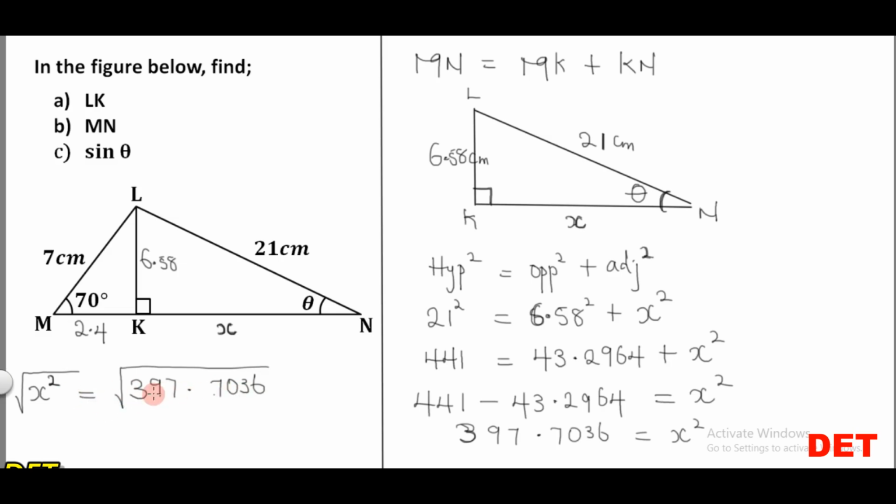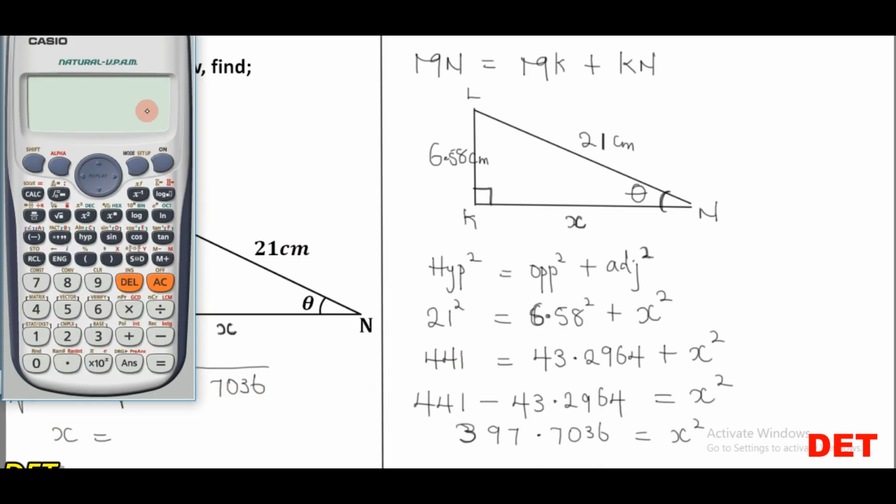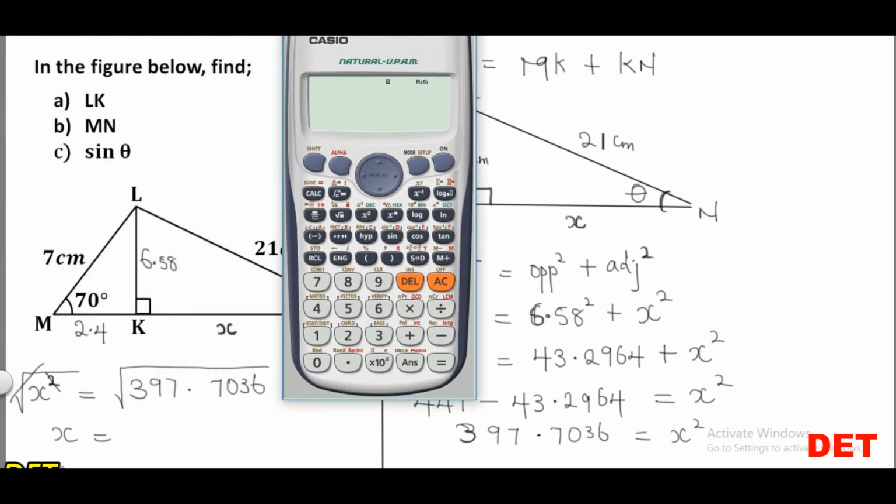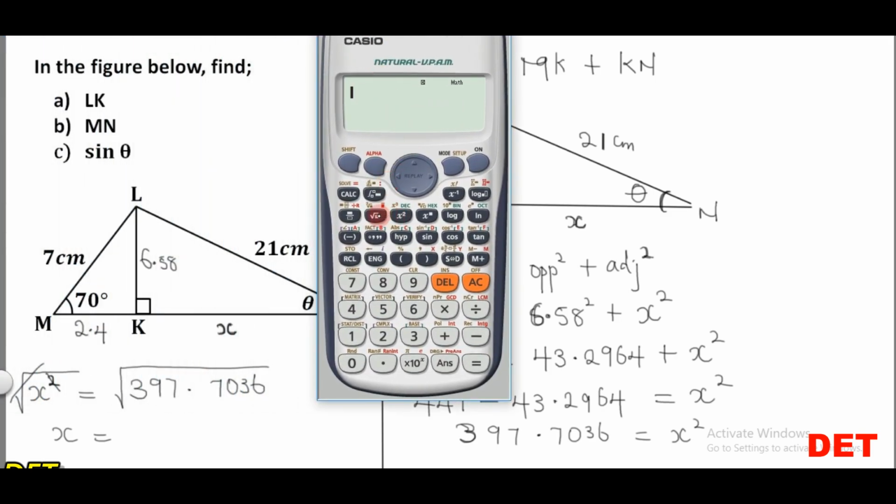I have found the square root of both sides of the equation, so that this square will cancel out this square root, so that my X will be equal to the square root of this number. If you punch this in your calculator, the square root of 397.7036 is equal to 19.94.